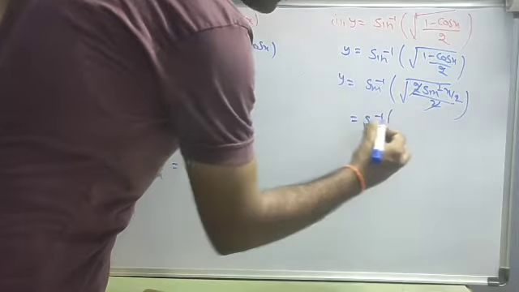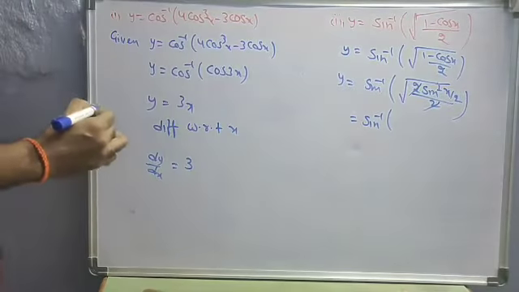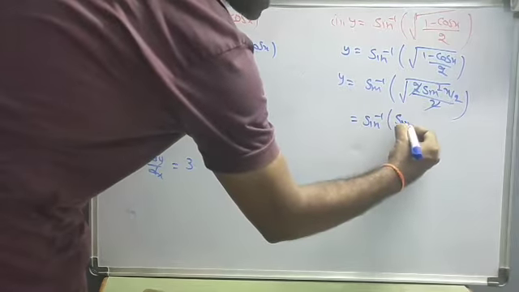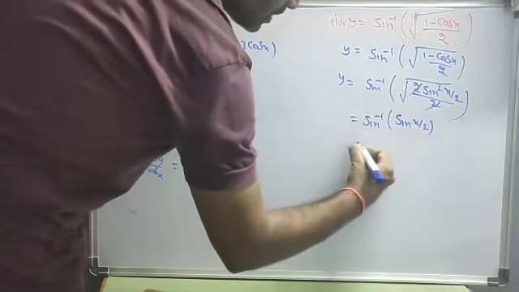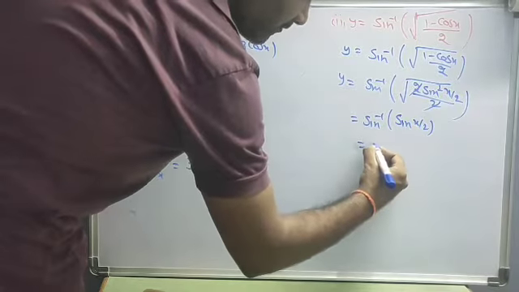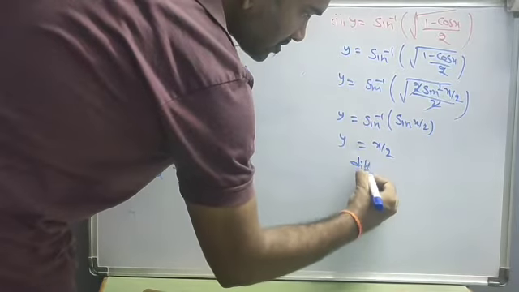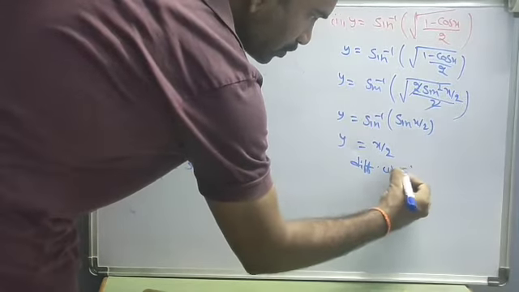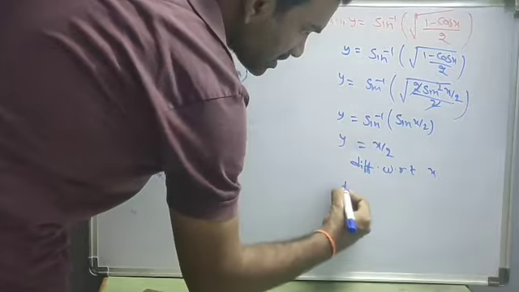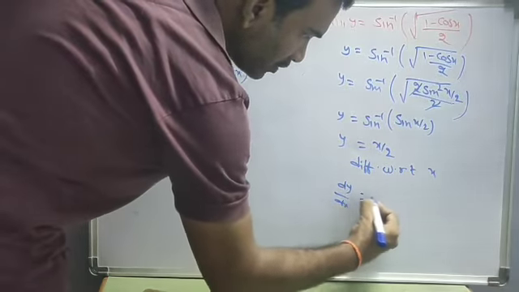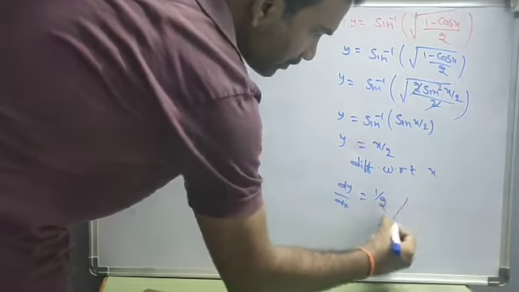Sine inverse of square root of sine square x by 2 is sine x by 2. So sine inverse of sine of any function gives that function, x by 2. So y equal to x by 2, differentiate with respect to x. So dy by dx value equals 1 by 2.